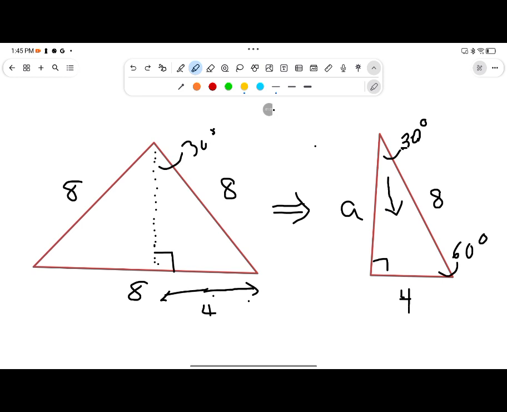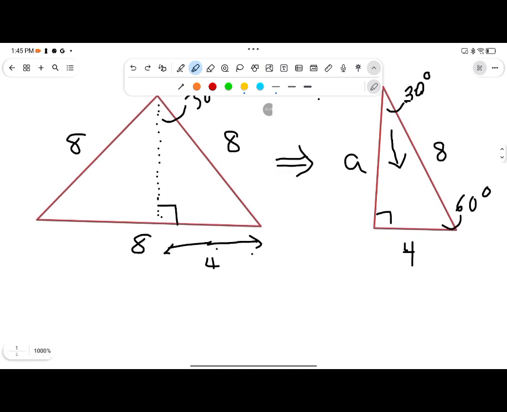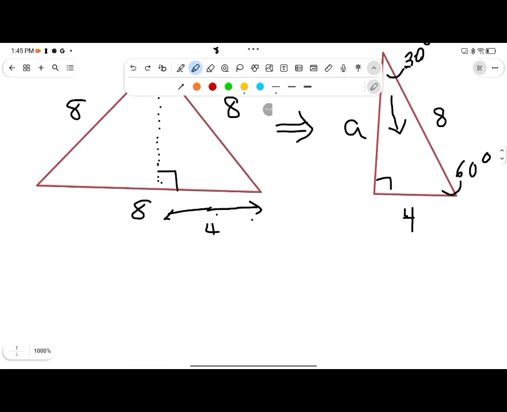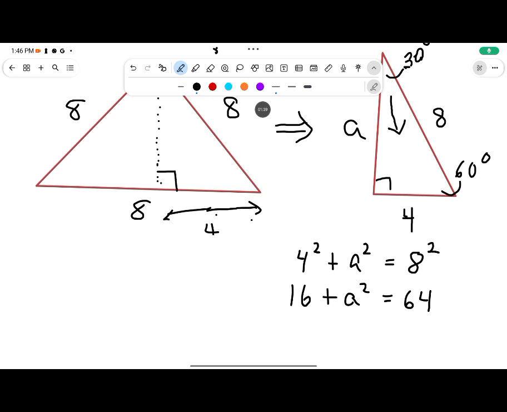But now we're going to use Pythagoras, and we've got 4 squared plus A squared is equal to 8 squared. And we find out that A squared is equal to 48.